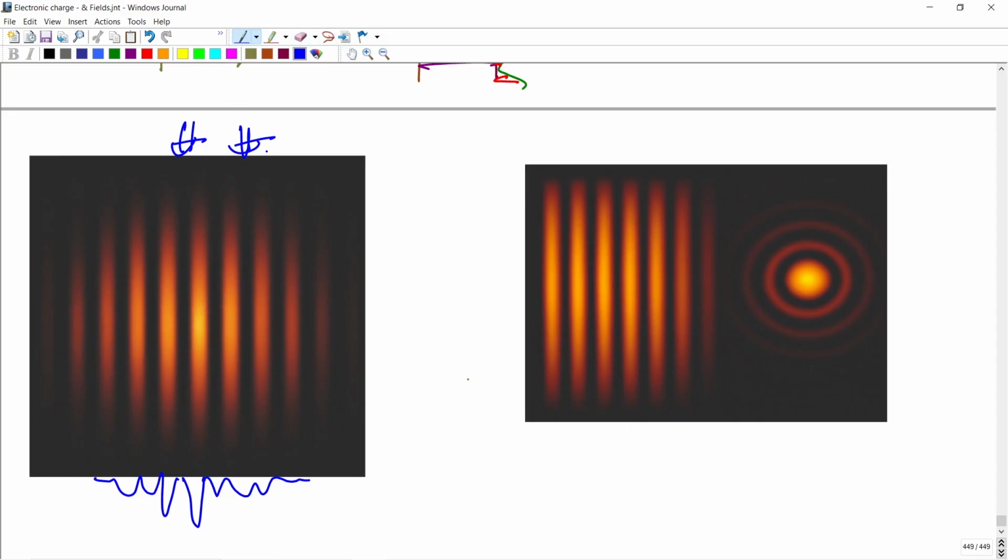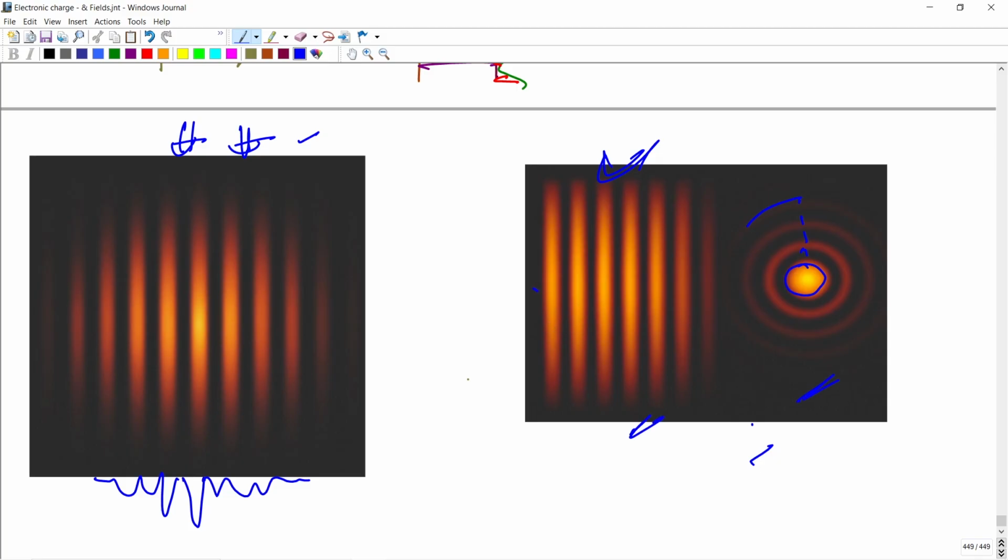These are for diffraction, and if I combine diffraction with interference, the central fringe width is much smaller, and we get other fringes here. Actually these are not combined; this is interference and that is diffraction.